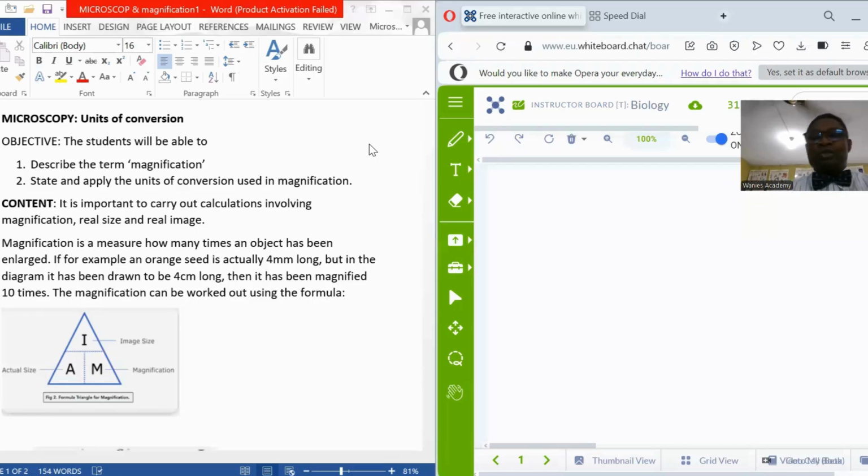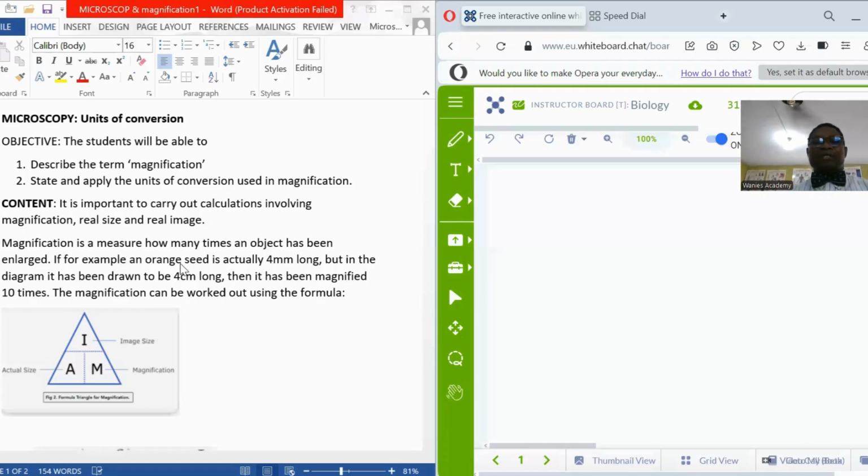It is important to note that calculations are also very necessary when carrying out biological practicals. So in magnification, we need to determine the real size of a given specimen, and the size of what? The image of the specimen.